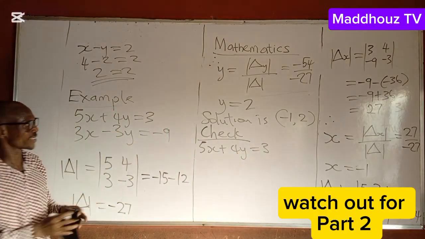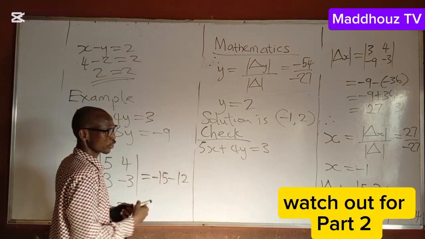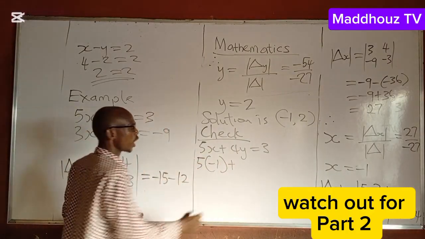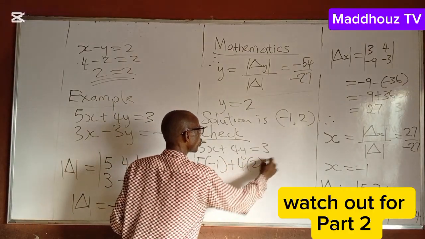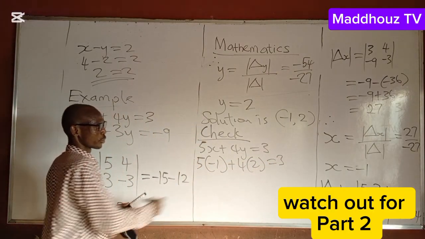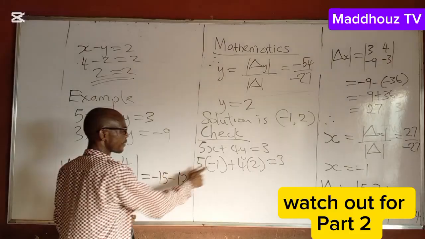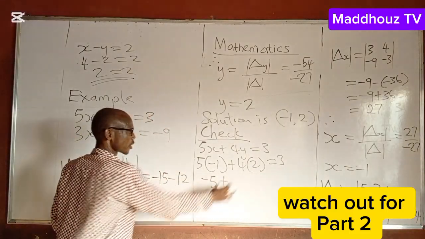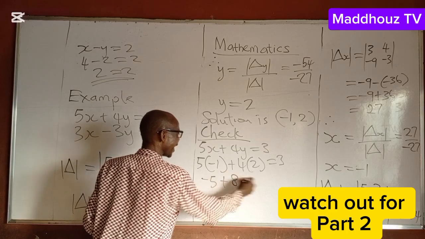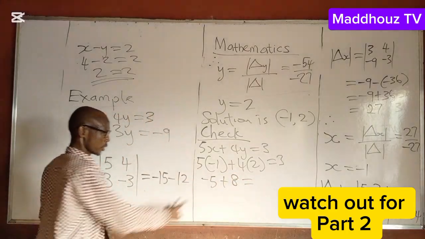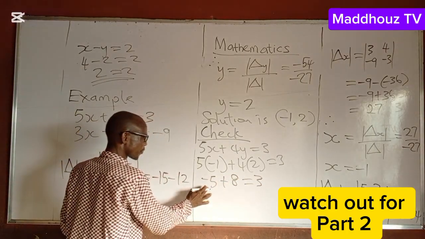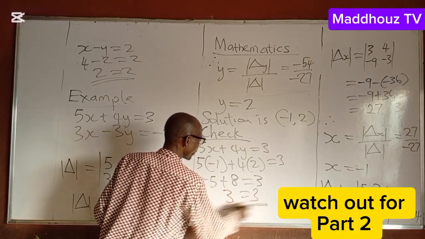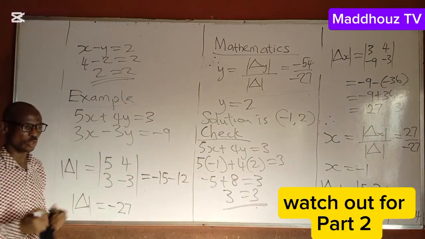Substitute for x using minus 1, so 5 times minus 1 plus 4 times 2. 5 times minus 1 gives us minus 5, plus 4 times 2 gives us 8, and that is equal to 3. Minus 5 plus 8 is equal to 3. So it means what we have solved is correct.